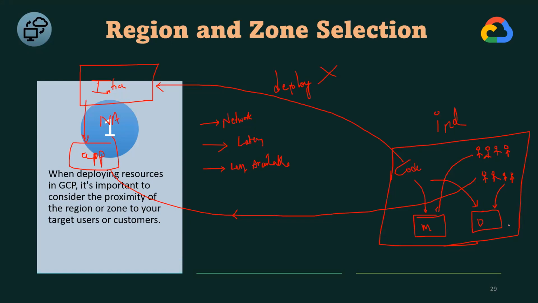If you want to select a location for your application deployment, try to select the location which is near to your target users, so that accessing the application is very good and the performance of the application is very fast. This is one of the first selection criteria, guys.